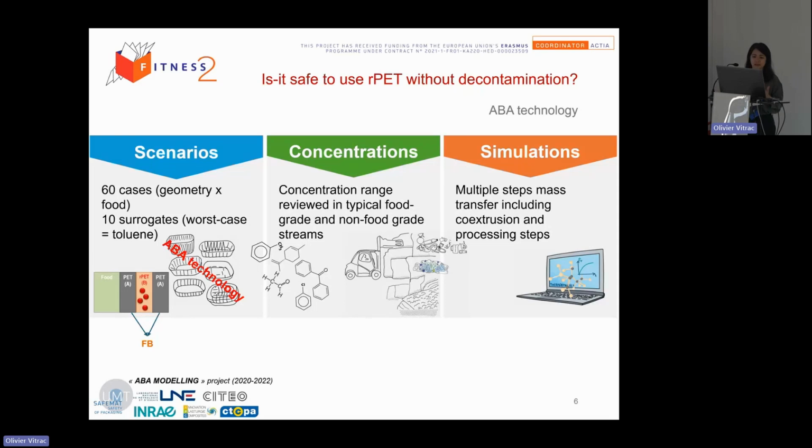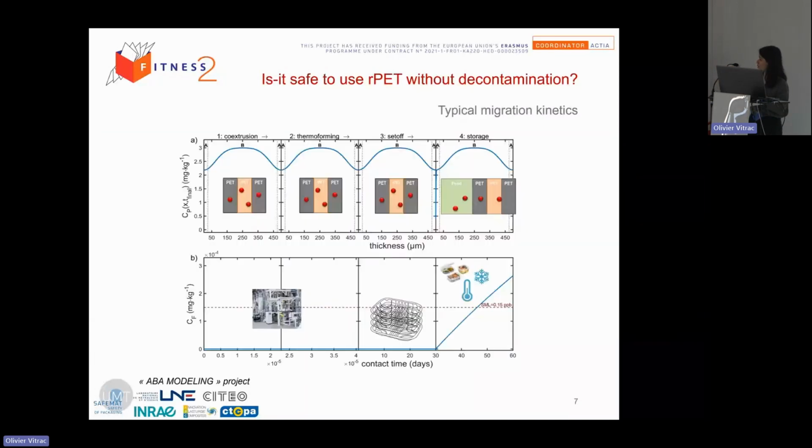The question is: is it safe for any food application, or do we need to pay attention to some kinds of applications? We use the same principle used by EFSA to evaluate recycled PET. We have many results; the paper on the evaluation of recycled PET is under revision and, I hope, will be published soon.